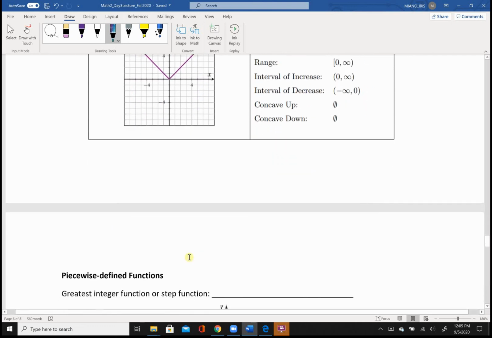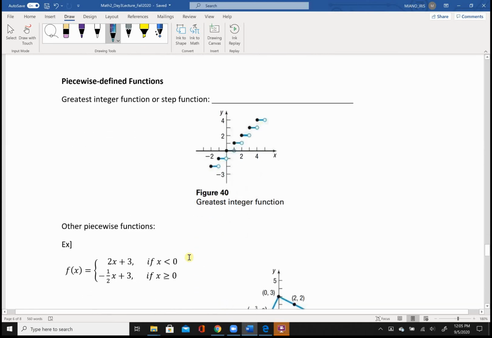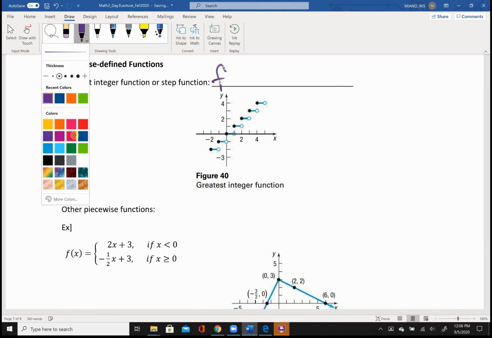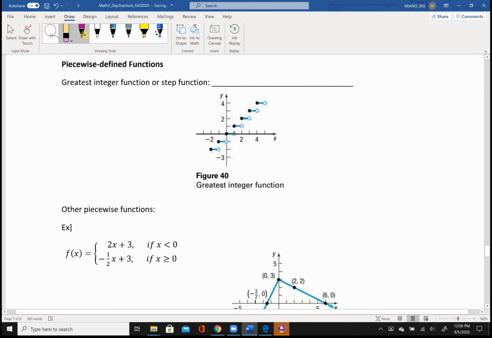Okay, so you'll want to get to know those functions, and also this very famous piecewise defined function, the greatest integer or step function. So that has a particular structure that I wanted you guys to write into the blank here. So this would be f of x. Let me go ahead and change my drawer, and I'll change the color to this beautiful purpley kind of magenta color, and I'll also erase what I put here.